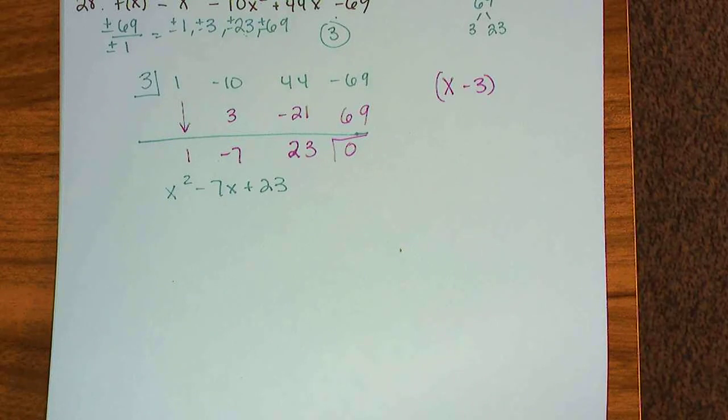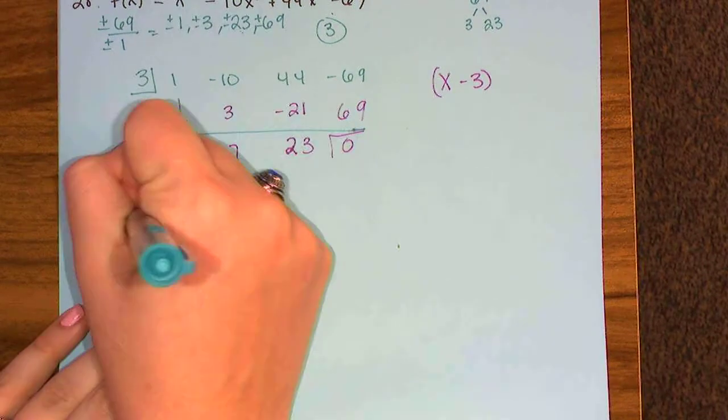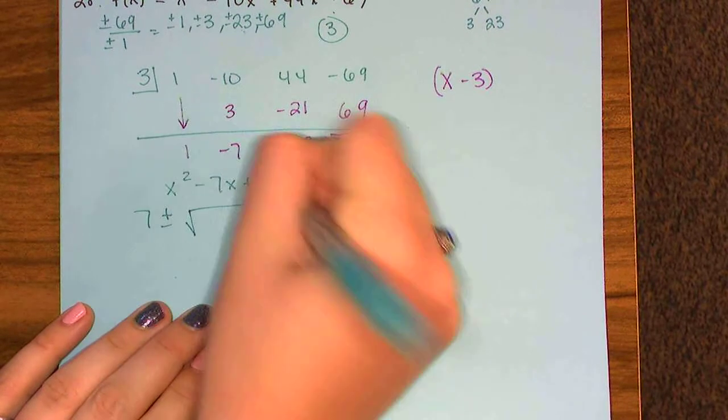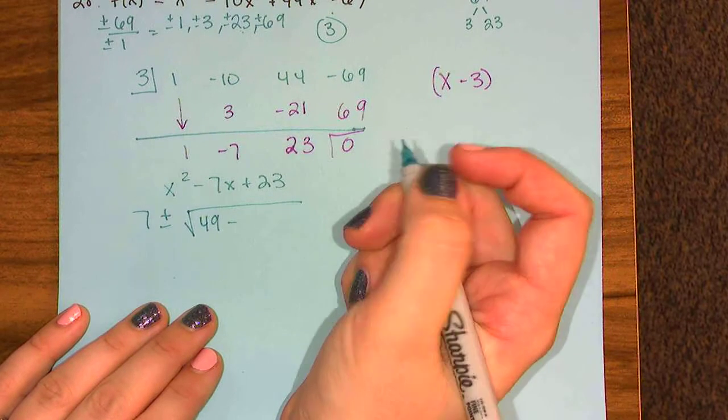Can it be factored? So then what would I need to do if I can't factor it? What method should I use then? Quadratic formula. So negative b, so that's negative times negative 7, so that's 7 plus or minus the square root of b squared, so 49 minus 4 times a times c, so 4 times 1 times 23.